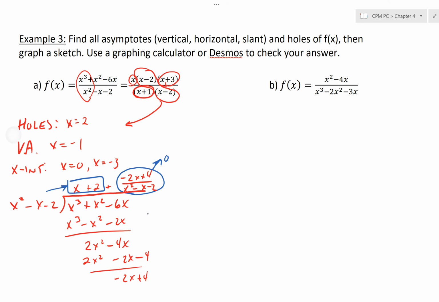And so our slant asymptote is y equals x plus 2. So that's where we look. We look at the linear part of the long division quotient to get our slant asymptote, because the rational part will approach 0 because the denominator has a larger power.